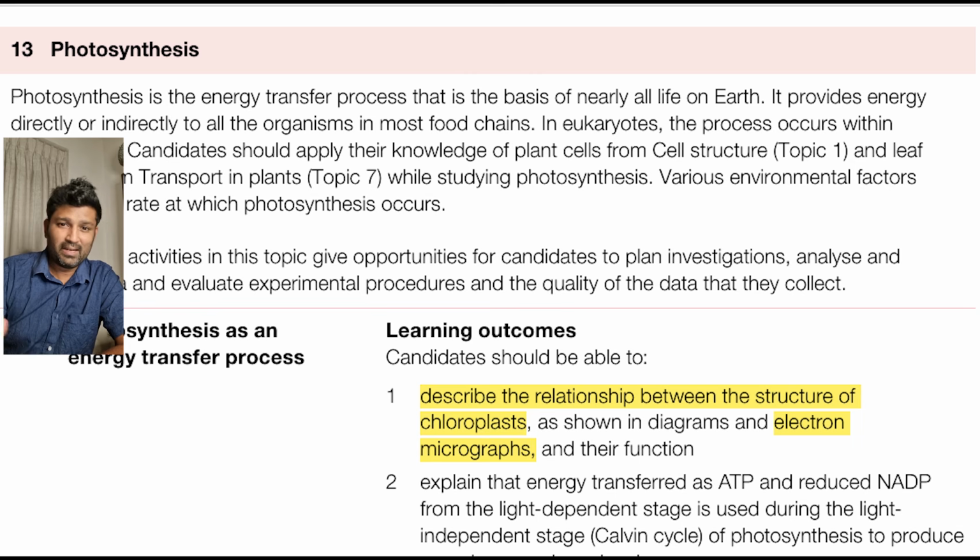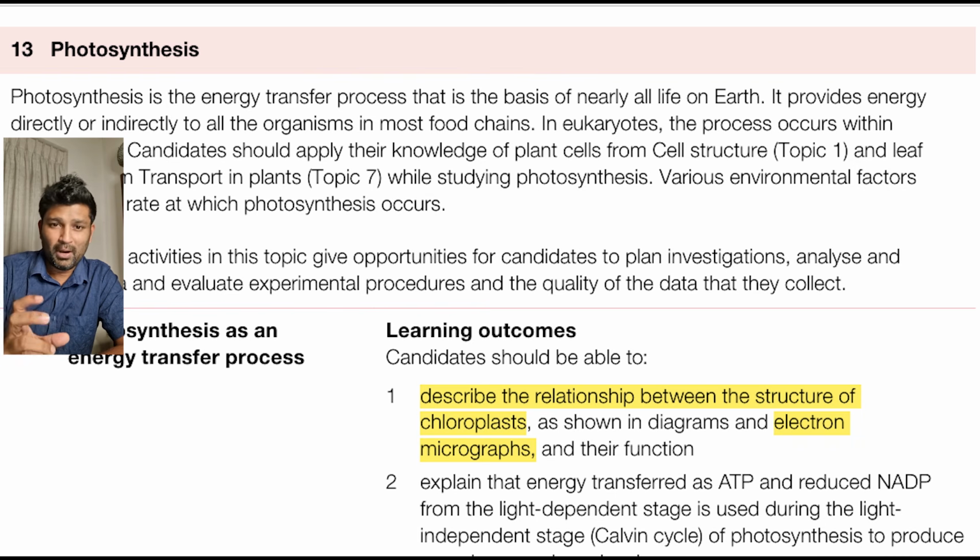This means you could get a photomicrograph, a picture under the microscope, of a chloroplast, where you have to label the parts, and they could ask you, where does the light dependent reaction happen in this picture, or where does the light independent reaction happen in this picture. And one of those questions where you may have to write a bit, like a 5 mark or a 6 marker, they could ask you about the description of the structure of the chloroplast in terms of its function.